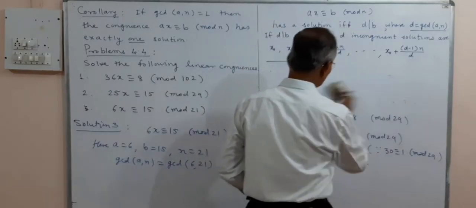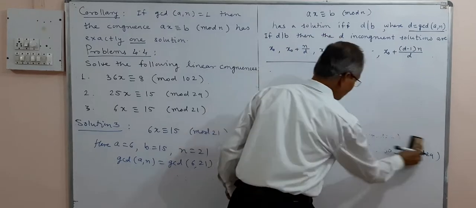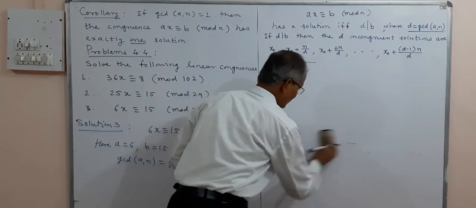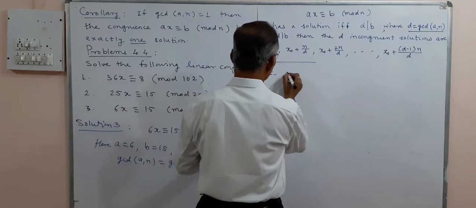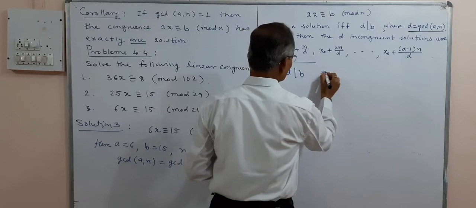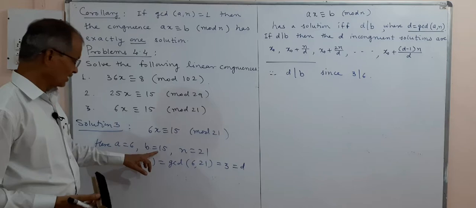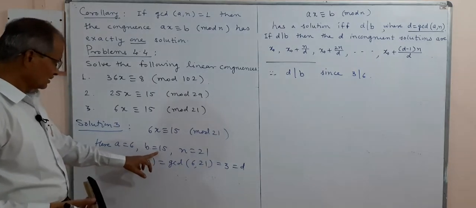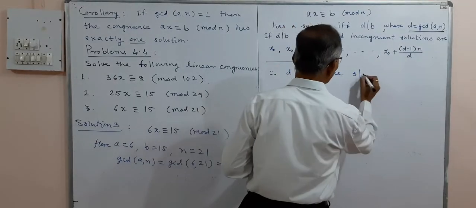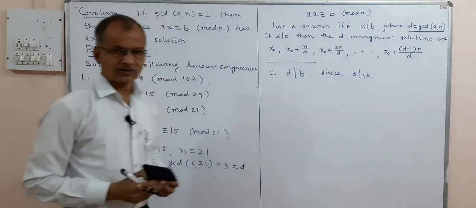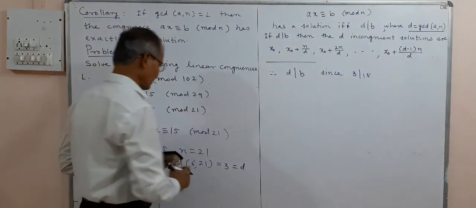So here D divides B. D is 3, B is, not 6, but it is 15. 3 divides 15. So the condition is satisfied, and therefore this congruence, we may refer to as 1.